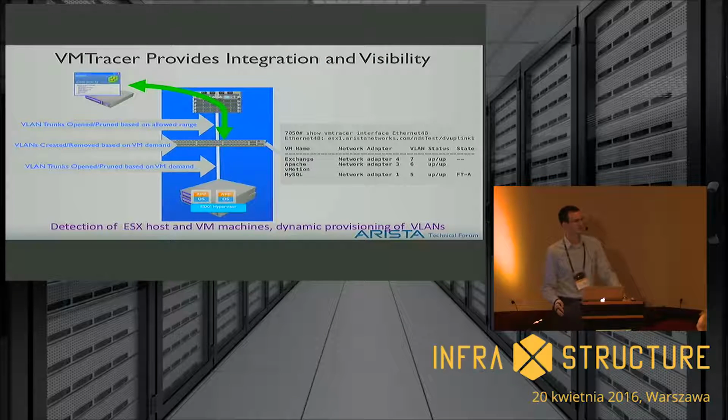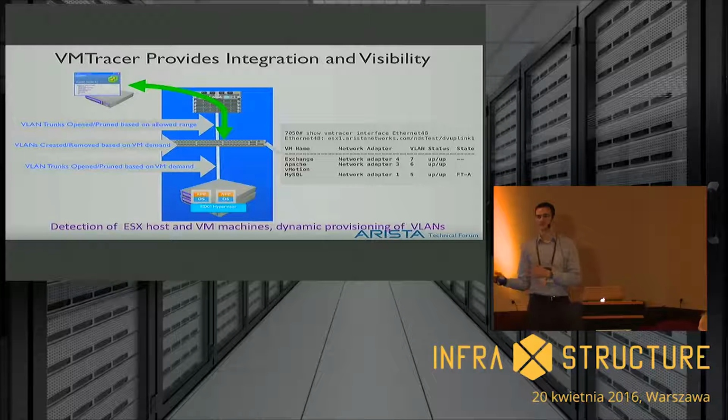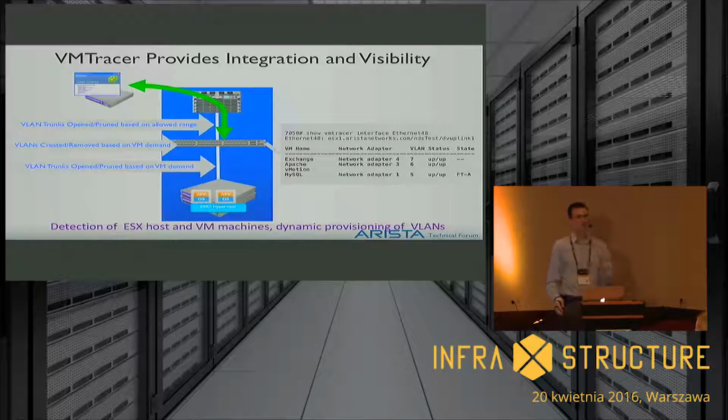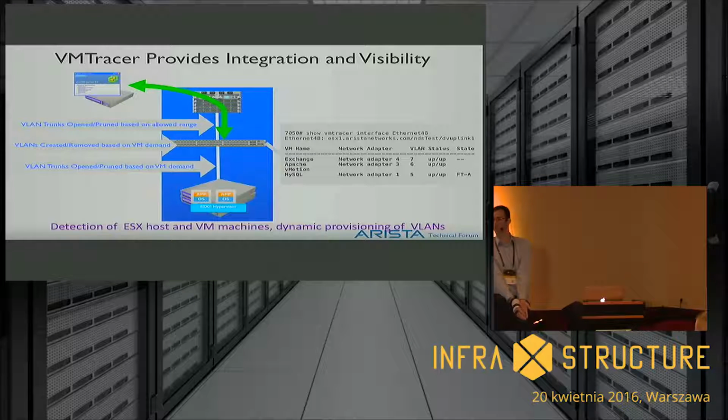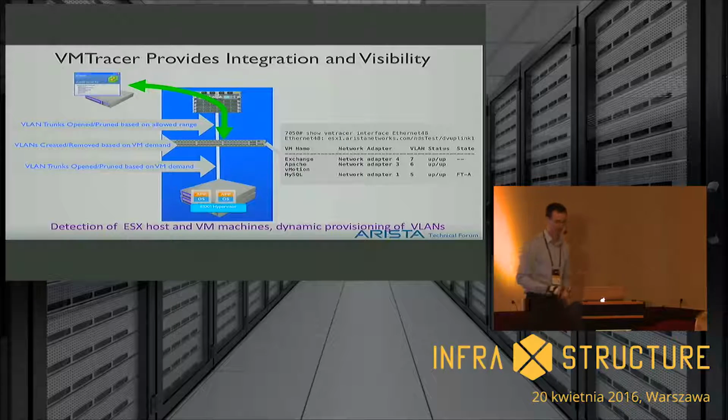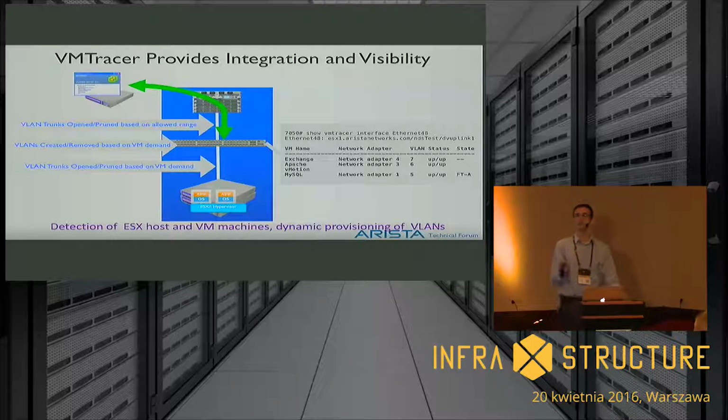On the virtualization side, the networking team will know that VMs are being popped up in many different places. And there are 2 ways to allow that communication for the VMs. Either you allow all the VLANs on the trunk towards the hypervisor, or, because you are a bit of a control freak, or possibly rightly, you only open the VLANs when you receive a ticket from the server team, from the virtualization team.